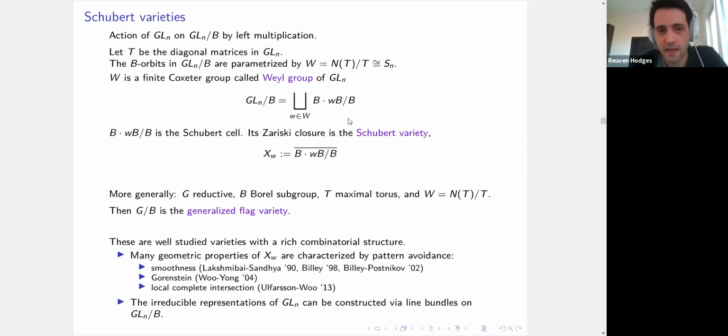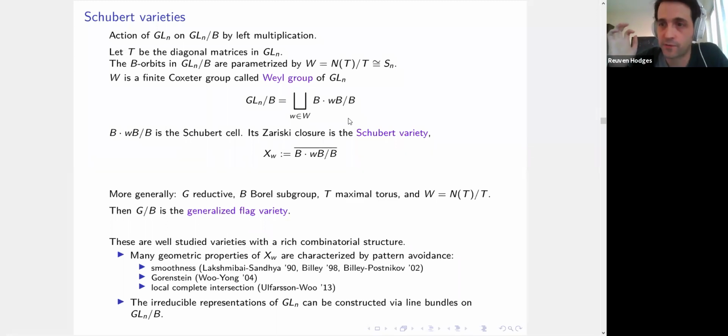One of them is that these B orbits, and thus these Schubert varieties, are indexed by elements in the Weyl group, which in the type A setting are permutations. So you can talk about a permutation containing certain patterns or avoiding certain patterns. And it turns out that many geometric properties of that Schubert variety are characterized by whether the associated permutation avoids certain collections of patterns.